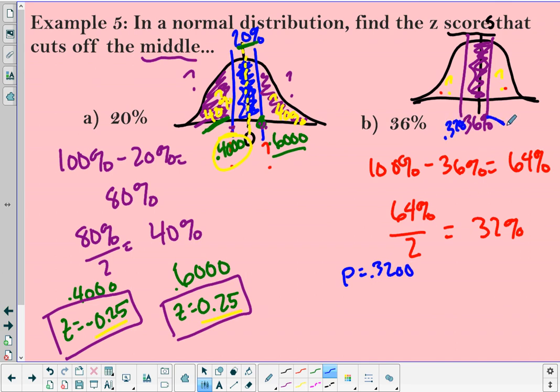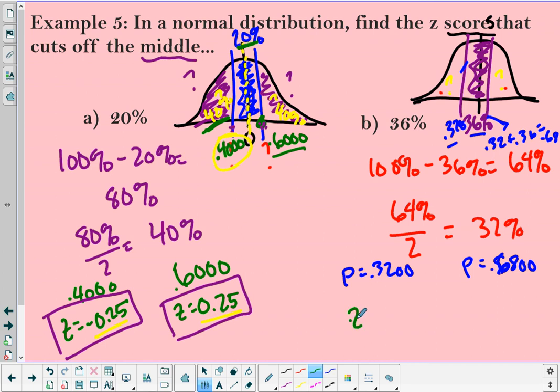And then this one right here is that plus that, because you're marking off that and the piece in the middle that you want. So 0.32 plus 0.36, which is 0.68. So that's your other p-value that you want. Oops, sorry, 0.6800. So now I'm going to check the z-scores of these, and I should find that the z-scores are equal distance from 0, meaning they have the same absolute value, just one positive, one negative.